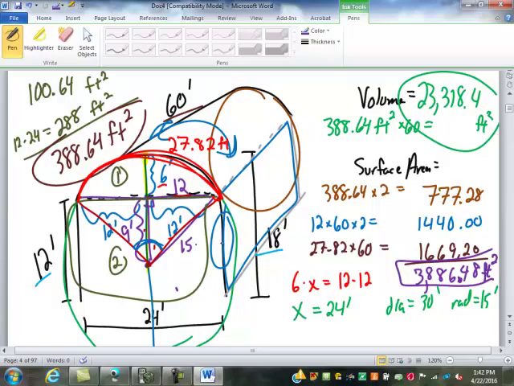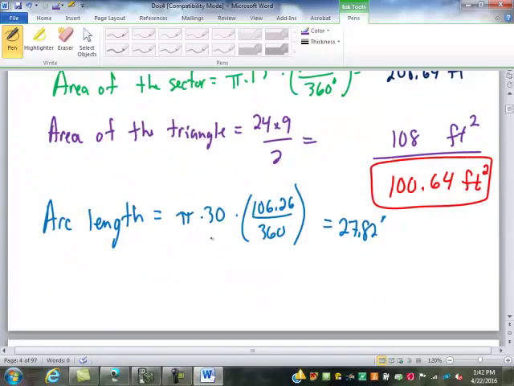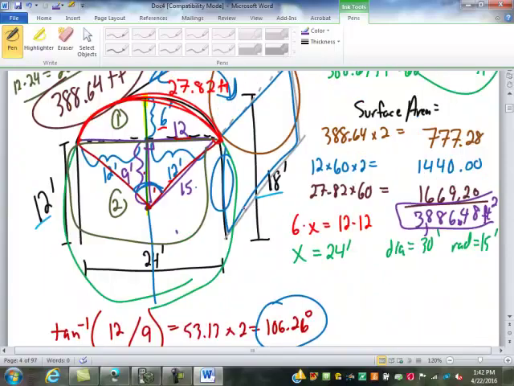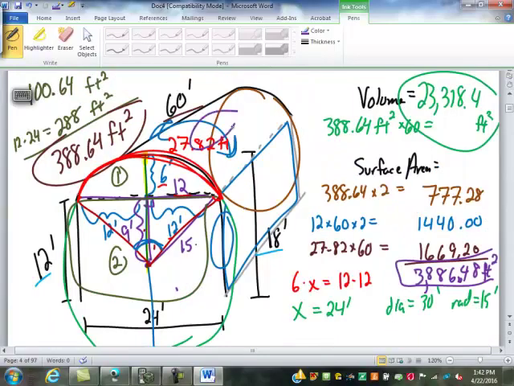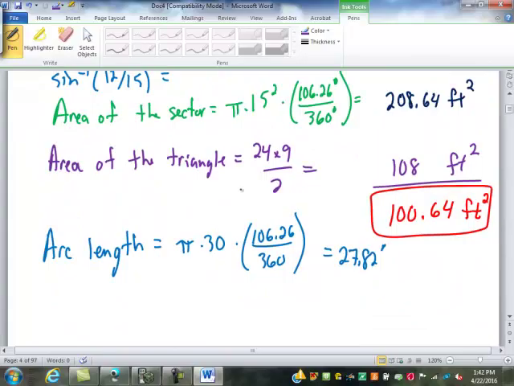You're right. Yes, sir. Back down to show where you got that last surface area. This here, you mean? The roof part, the top? Yeah. I found the length of this arc. The length of that arc is pi times diameter. That's the circumference of the whole circle.